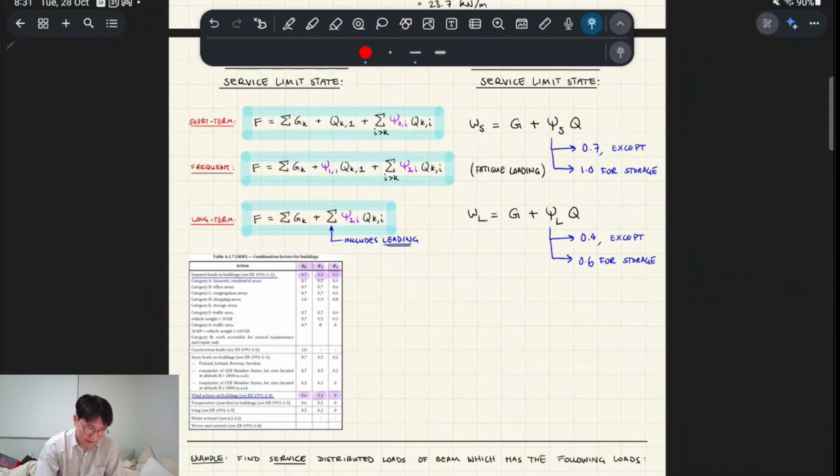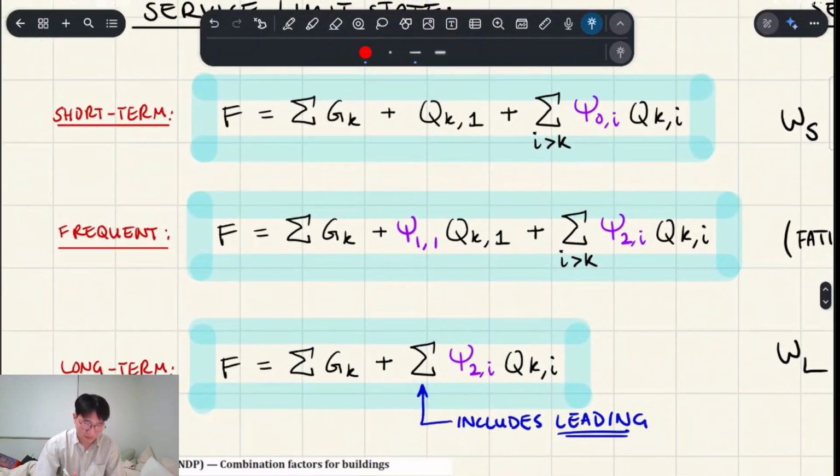Okay, so here's where it gets a bit confusing. The sum, right? You know, the capital Sigma, the sum symbol. When you do sum and you don't write anything, it just means add everything together, right? When you have a sum and it says I is greater than K, in this case it means greater than 1, I think.